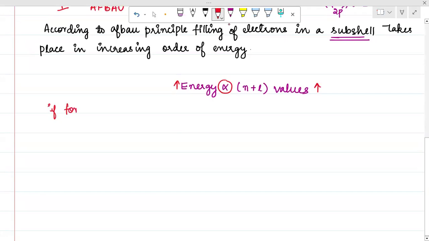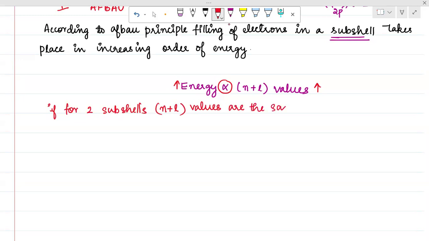If for any 2 subshells the N plus L values are the same, then the energy is directly proportional to the value of N. Right? Very, very easy.